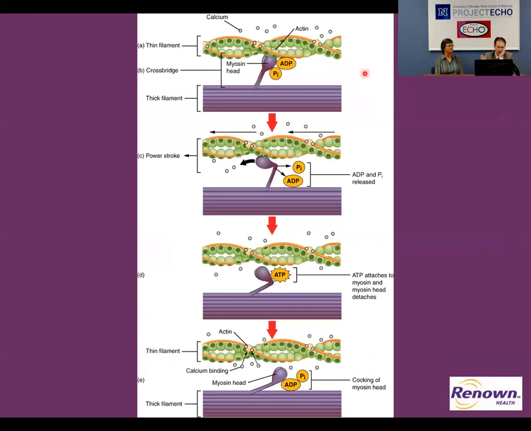Energy's already been used. The muscle contracts, and then the actin-myosin complex sort of dislodges, so that myosin head comes off of actin, and then with relaxation, ATP is bound to the myosin head and uncocks it.